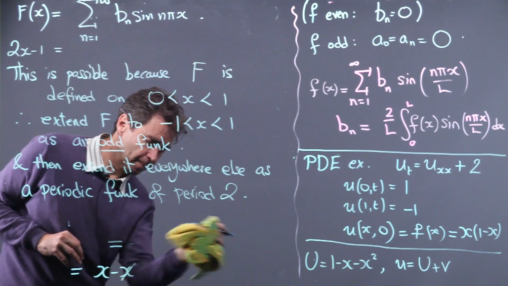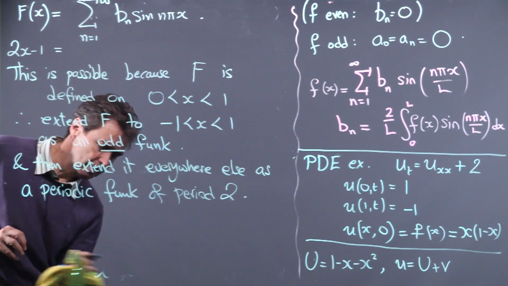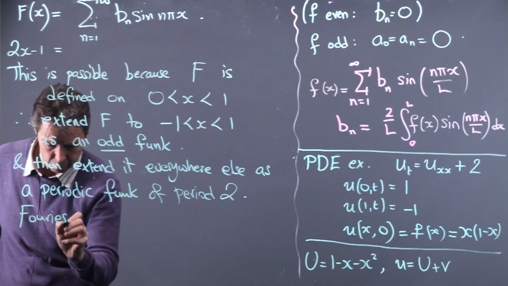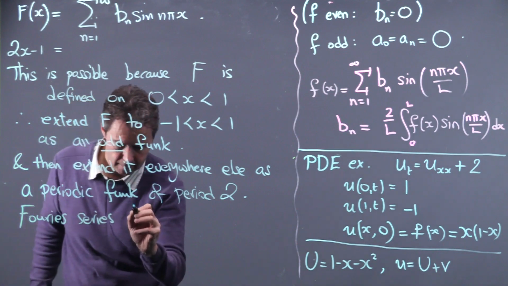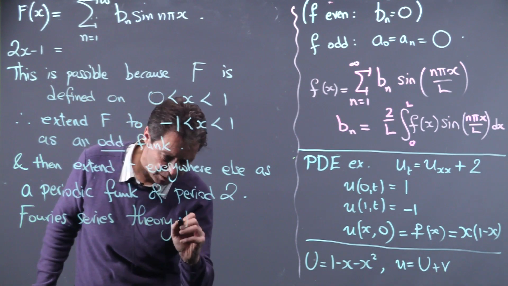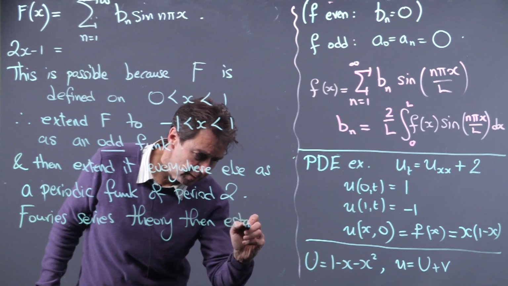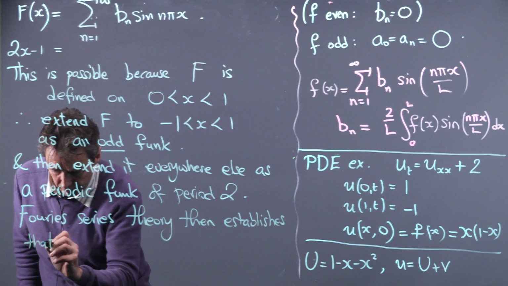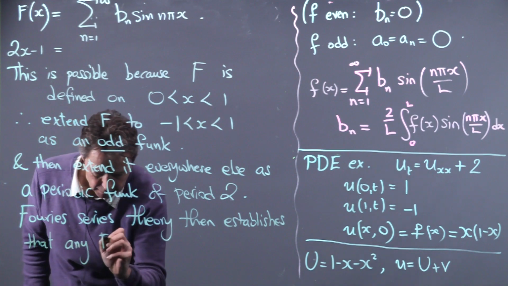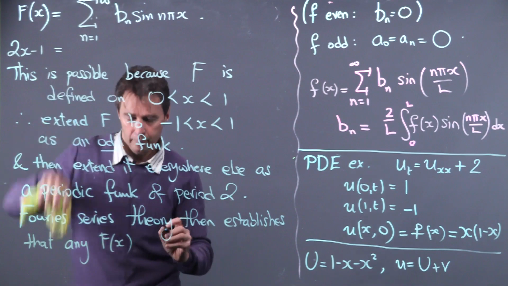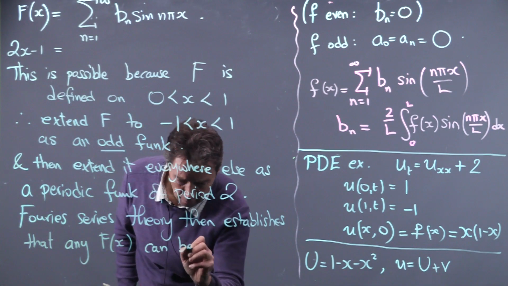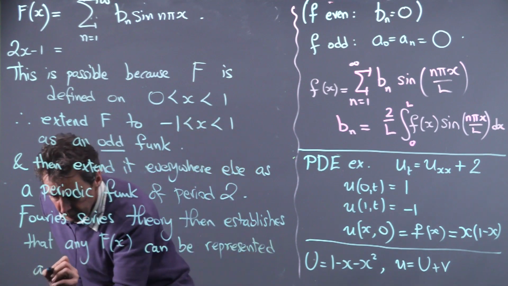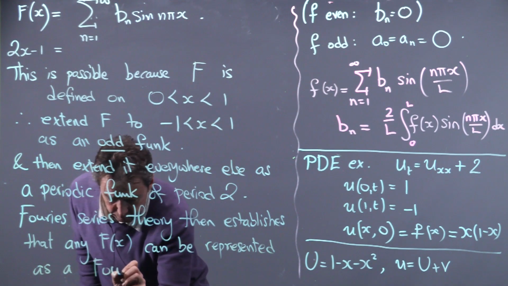Having done that, I can then say, because of the Fourier series theory, that Fourier series theory then establishes that any f of x can be represented as a Fourier sine series.